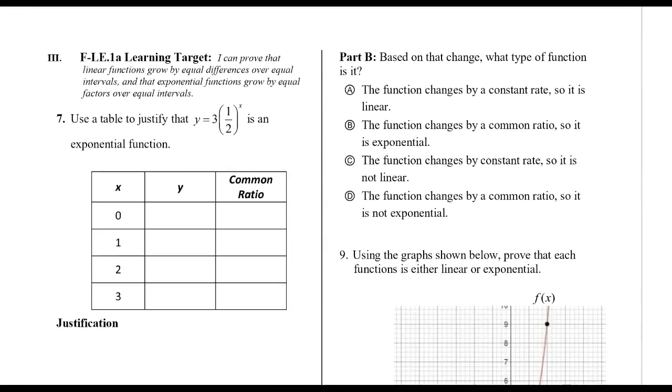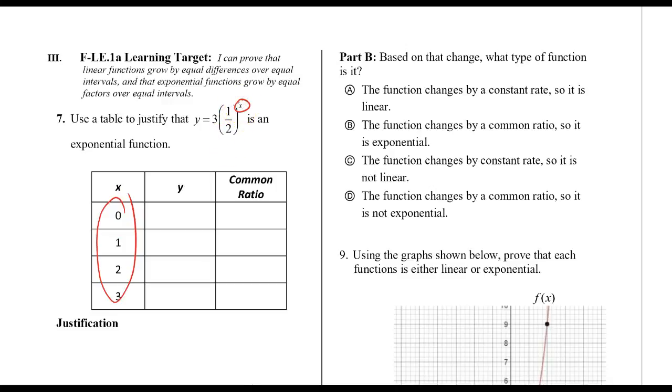All right, number 7, use the table to justify that y equals 3 times (1/2) to the x is exponential. Well, we already know it's exponential, but we're using the table just to show it. So we're going to plug these x values into my function.